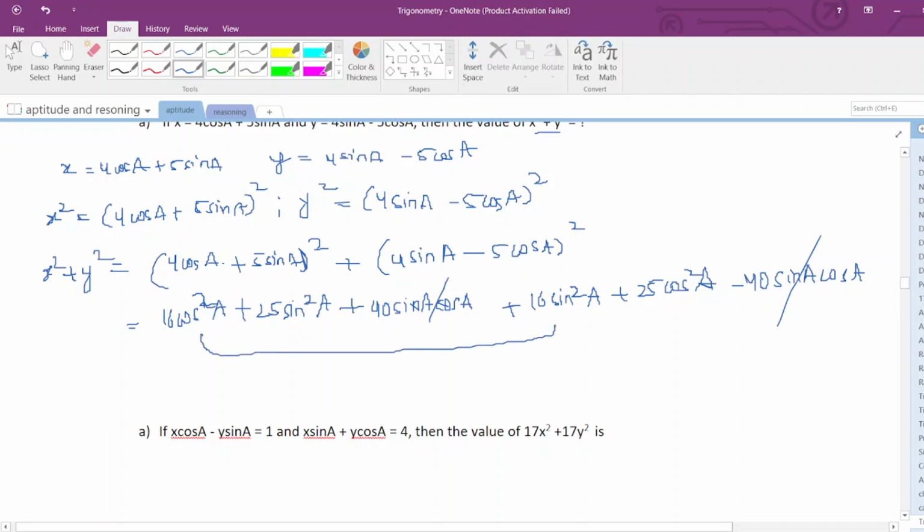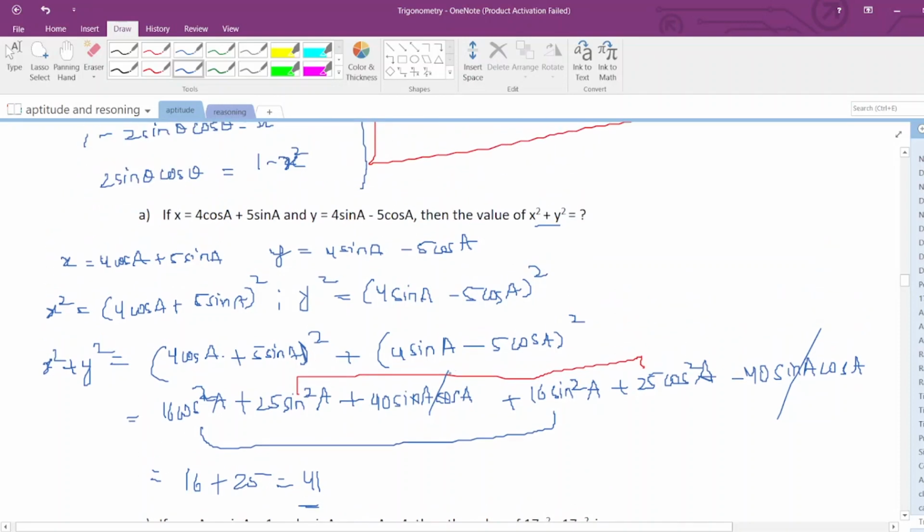Taking 16 common from these two, we get 16 into cos square a plus sin square a, which is 1 by the identity, so 16 remains. Similarly, in these two, 25 is common, so 25 into sin square a plus cos square a, which is equal to 1. So we will have 16 plus 25, which is equal to 41. Hope it's clear.